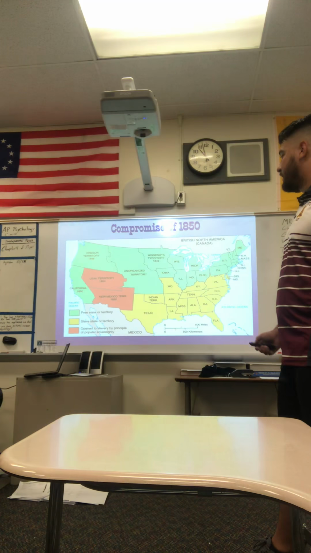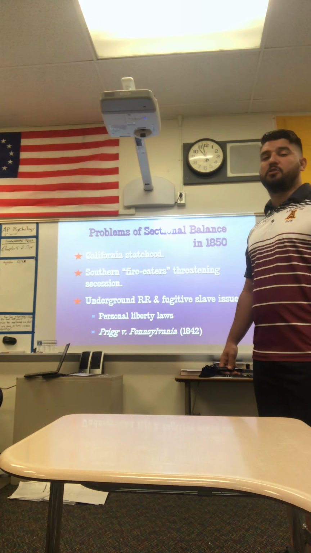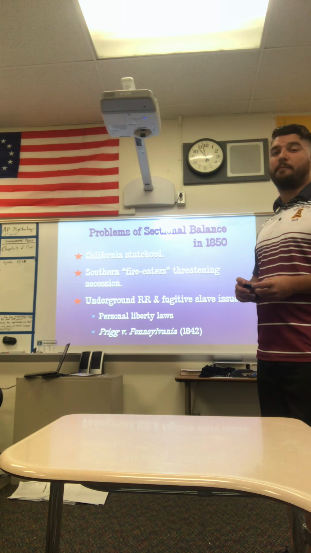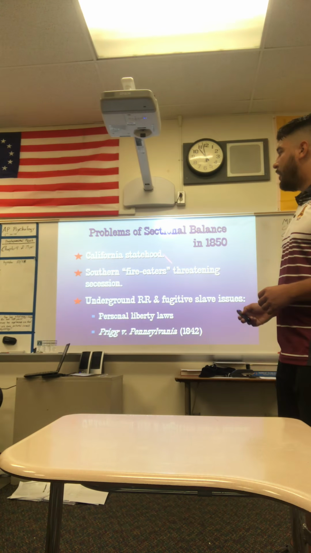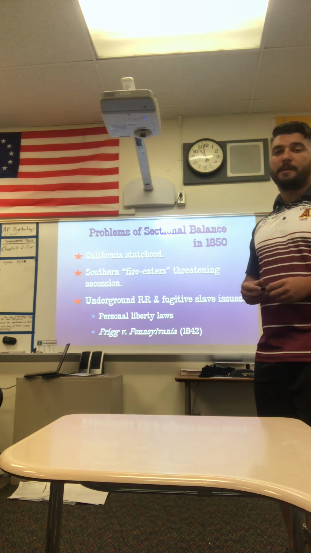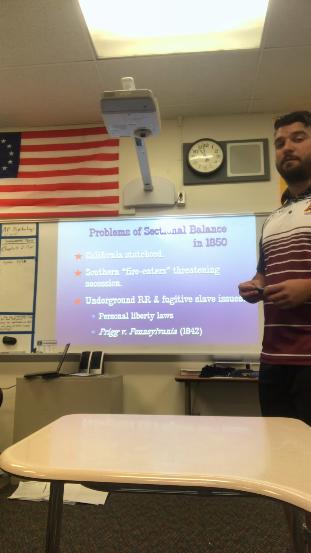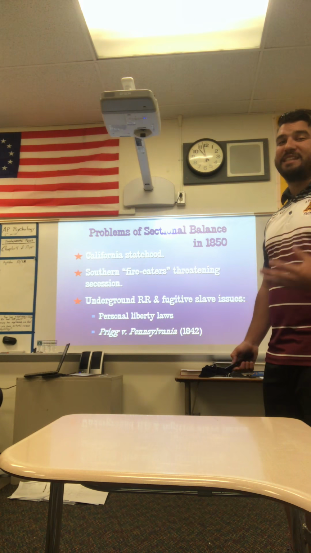Then we have the premises and the issues with the Underground Railroad and the Fugitive Slave Act, which was passed within the same time frame. So all these issues are things that we're going to end up speaking about throughout the entirety of the lecture, as well as the key presidential elections of the time, with the 1850 to the 1856, and then the 1860 elections.